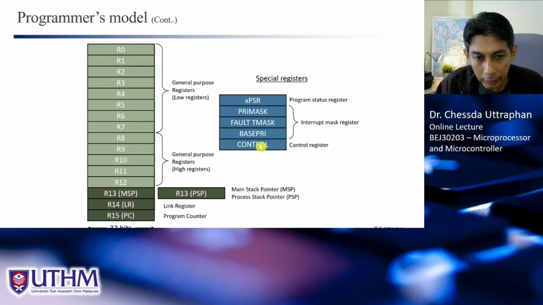And the last one is the control register. This control register is used to control the operation mode of your microprocessor. We will see later what the running modes are. This is basically what is called the programmer model, and we will use it a lot when we write programs later on.